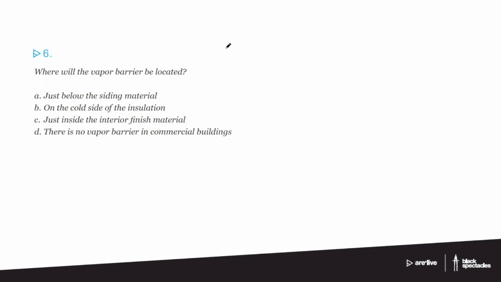The typical answer in a temperate zone, which this is a temperate zone, would be C, just inside the interior finish material. And the reason we call it the interior finish material and not a more specific thing is there can be a lot of different ones, could be Durock in some locations, it could be drywall in other locations, a bunch of different elements.